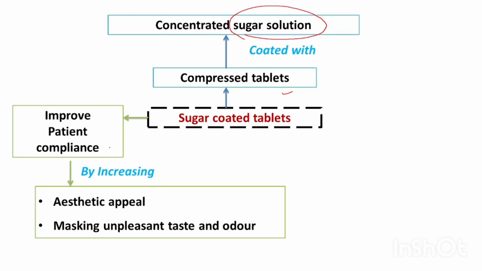The importance of sugar coated tablets is to improve patient compliance by increasing the aesthetic appeal and masking the unpleasant taste and odor. If some tablets have an unpleasant taste and odor, it can cause vomiting and nausea in human beings. So by sugar coating, we can improve the patient compliance, right?